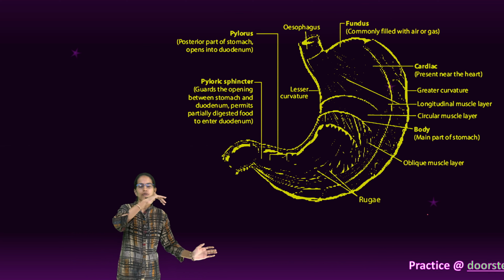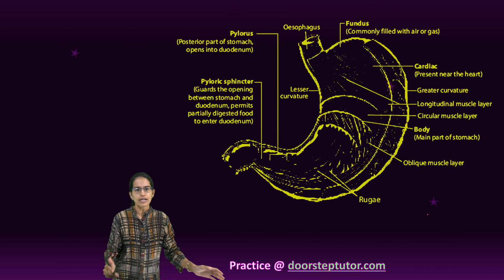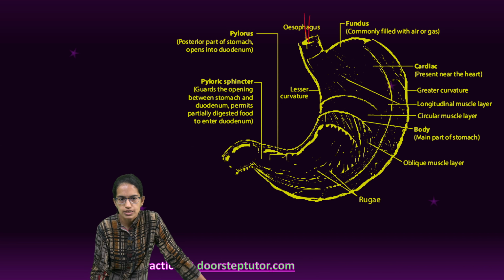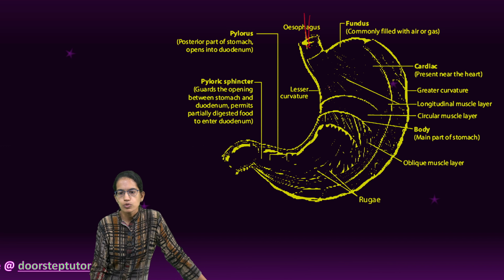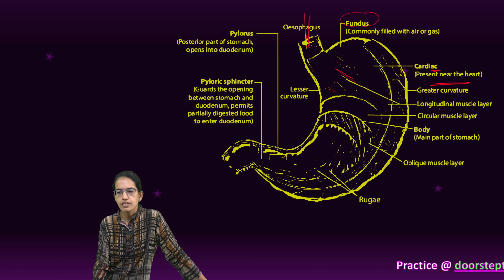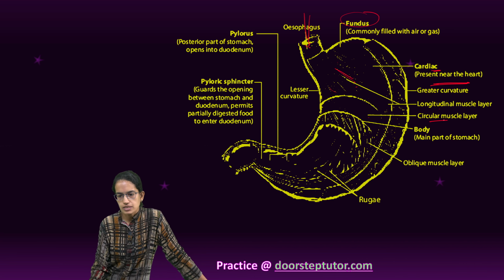Then, as we said, we move from the mouth to the pharynx to the esophagus and finally the stomach. So here is where the esophagus connects to the stomach. The area which is filled with most of the air or gas is what is known as the fundus. Cardiac is the area which is present near the heart, and then there are the muscles. In the fundus region there is the longitudinal muscle. Below it, where there is less curvature, is the circular muscle.